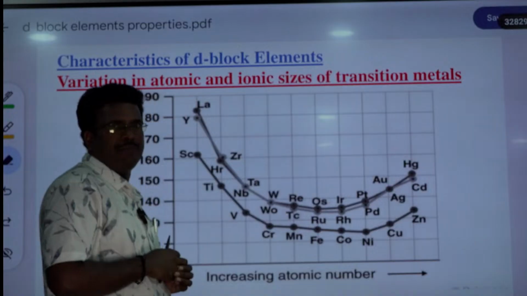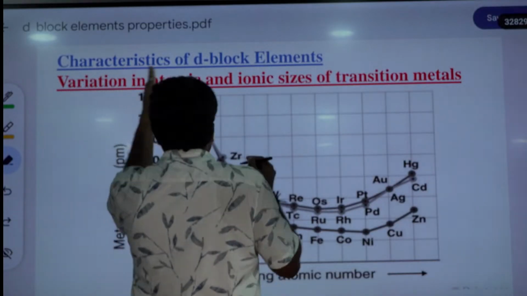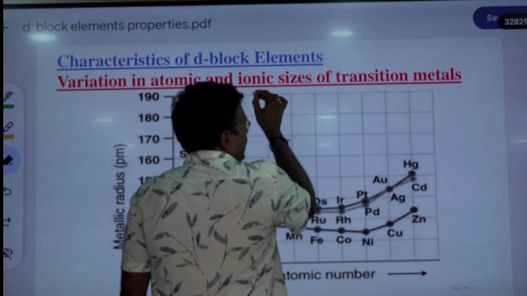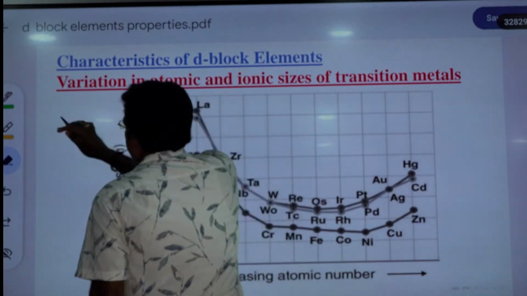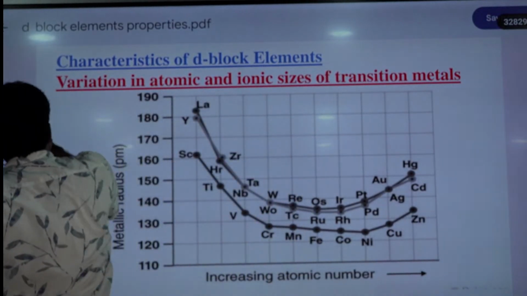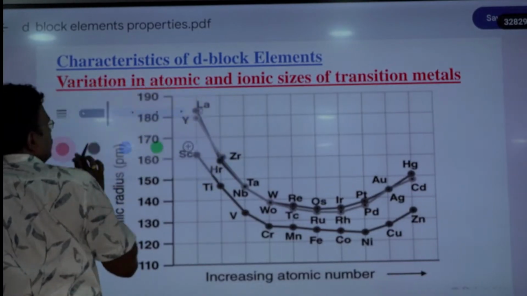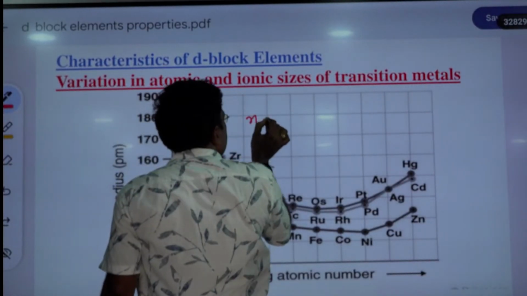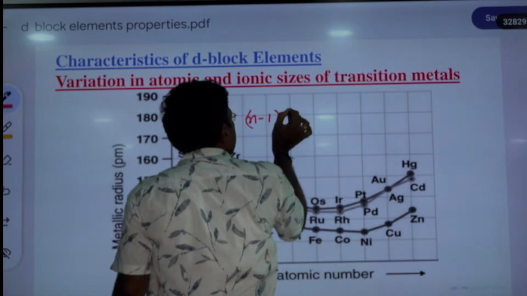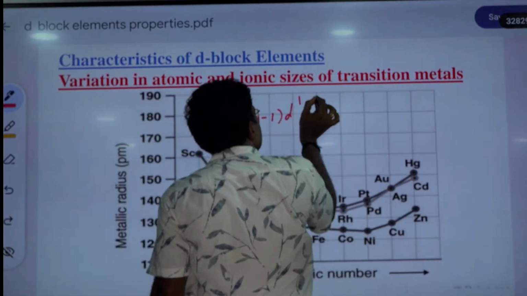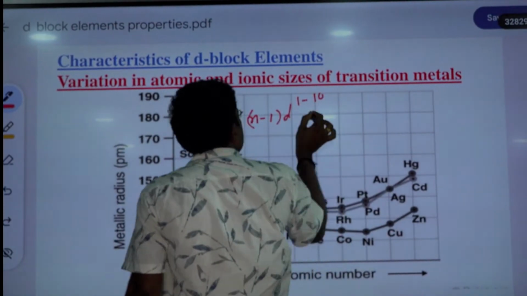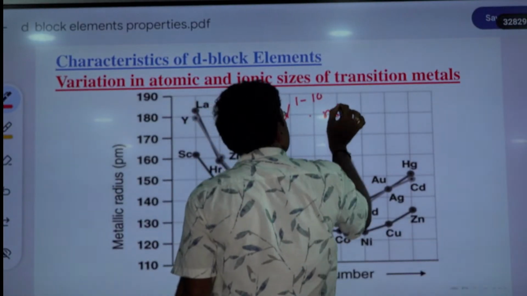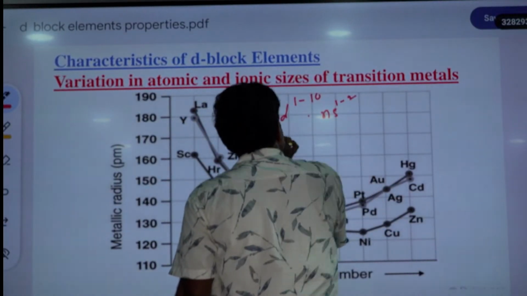But here, what is the electron configuration of these D block elements? Yes, (n-1)d 1 to 10, ns 1 to 2.